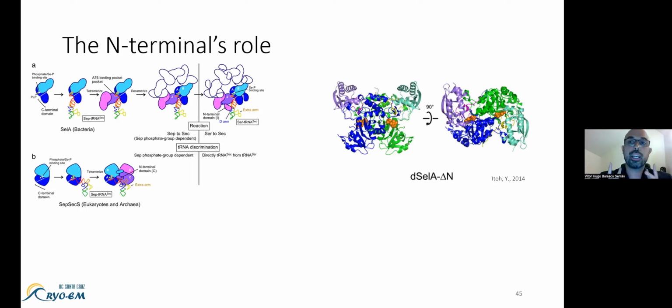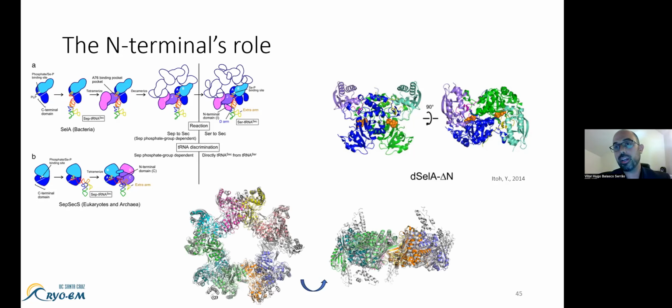If you truncate the N-terminal and they solve the dimer structure by crystallography, it shows that it doesn't have function and doesn't homodecamerize, right? Okay, once we compare our structure with the crystallographic structure, we can clearly see that the N-terminal is missing, right? So why and how can we overcome that?